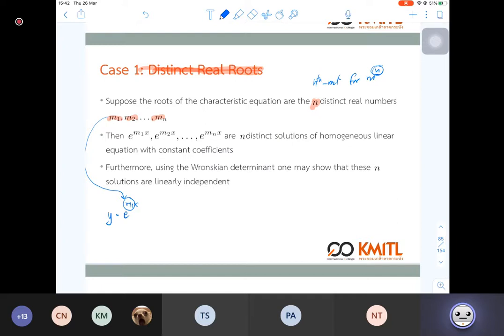So the solution of the homogeneous differential equation with constant coefficients would be putting m1 here. This is the first solution. The second solution would be e to the power of m2x, the third one e to the power of m3x, and your nth solution would be e to the power of mnx.